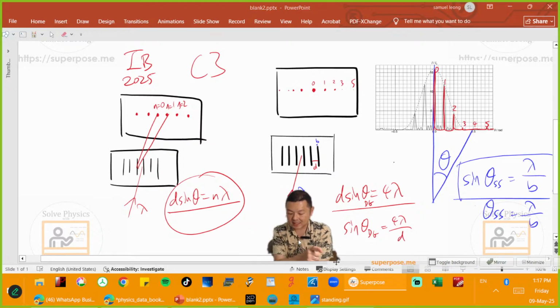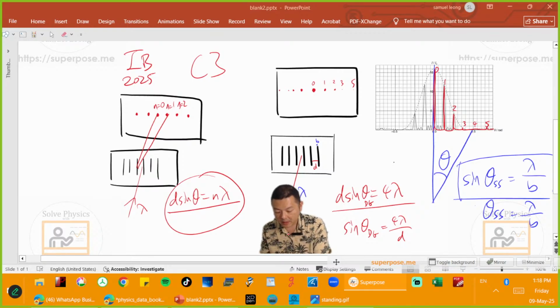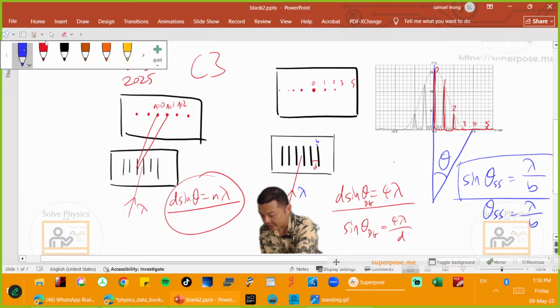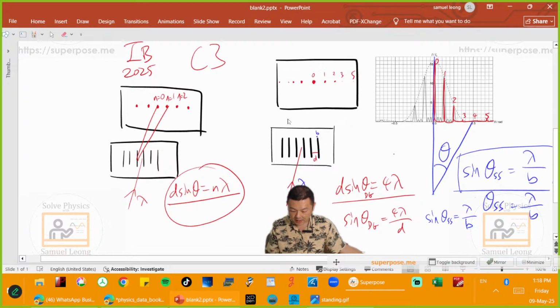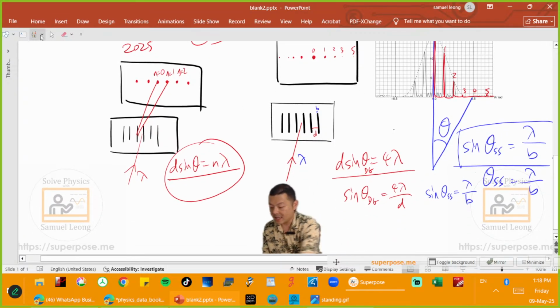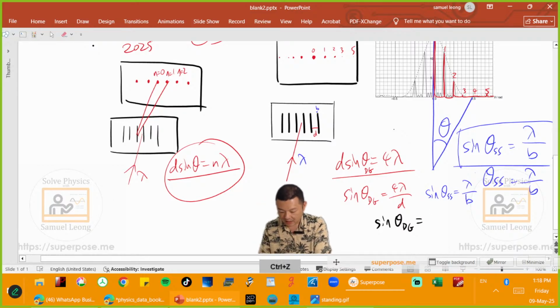This is the manipulation of this equation here, from this one to this one. Then on the other side, sine theta single slit equals lambda over b. The thing is, sine theta of the diffraction grating is for the fourth order, which is basically four times of that.